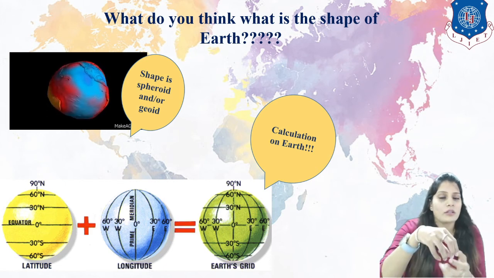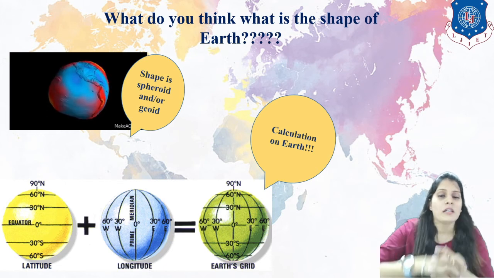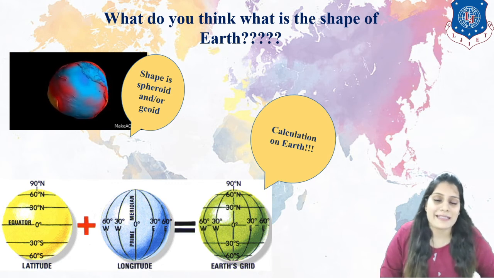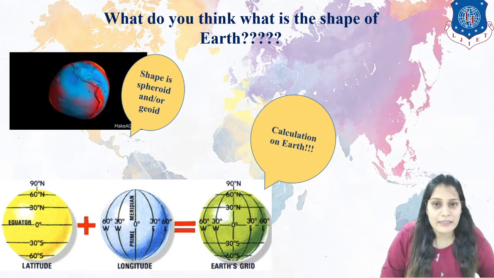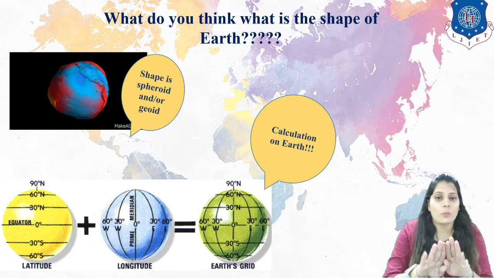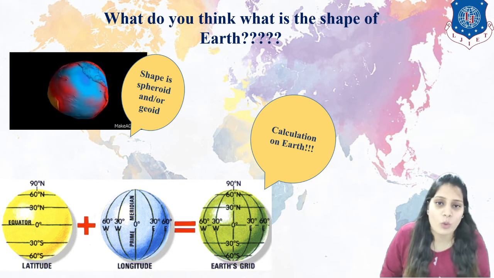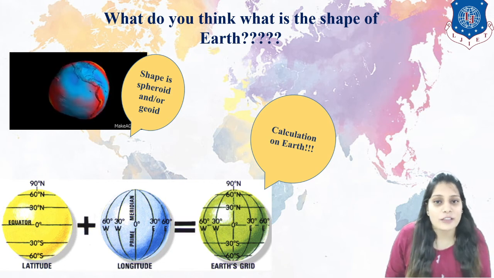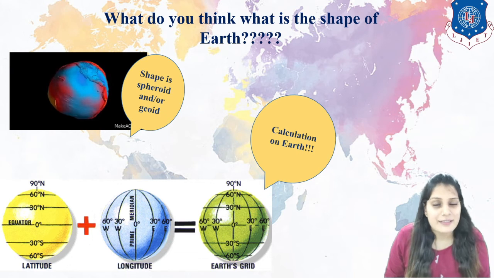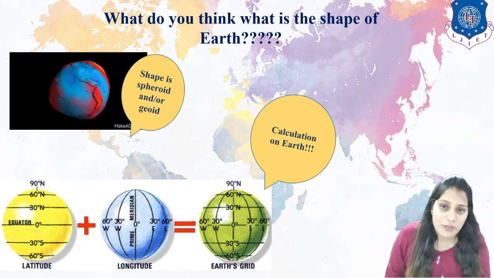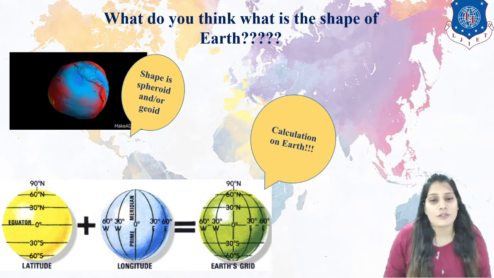Because it is circular. Earth is rotating, it is circular, so it has degree, minute, and second, right? But when I open it, it will show me meter, area, yard, inch, whatever unit you want, right? So this is the concept of why latitudes and longitudes are important.